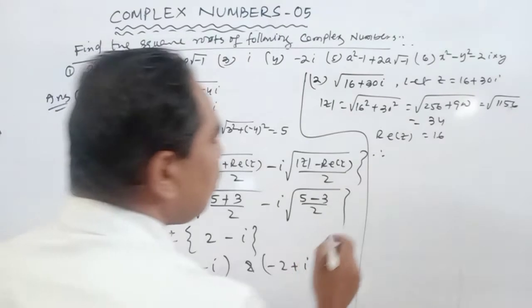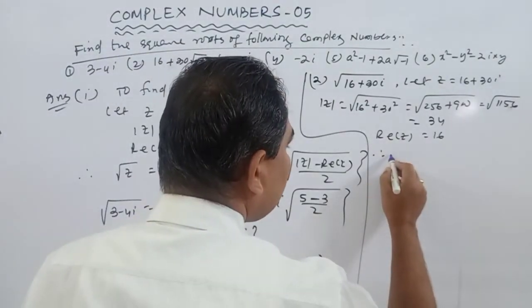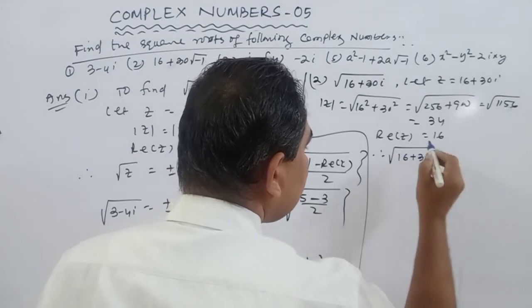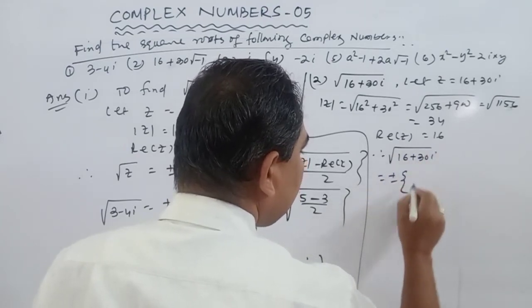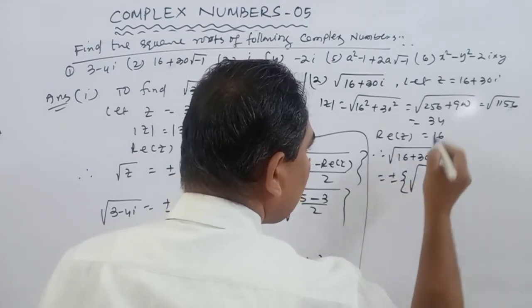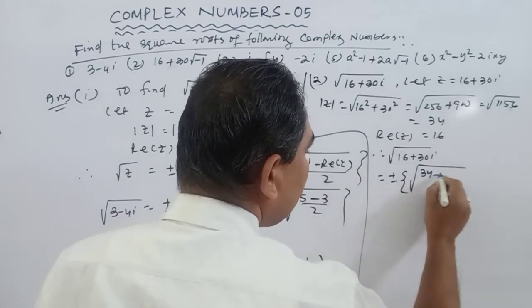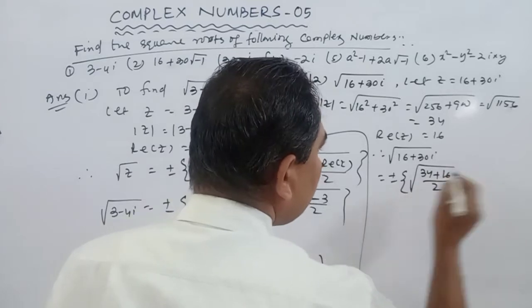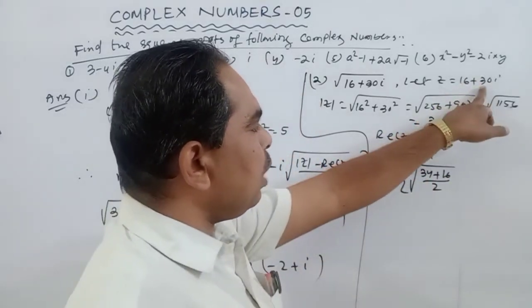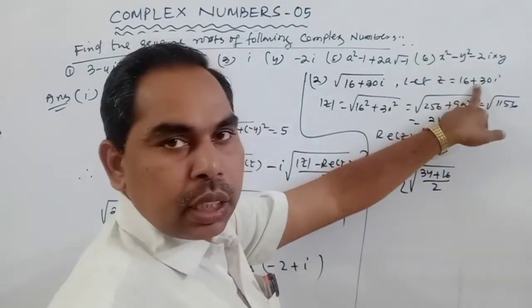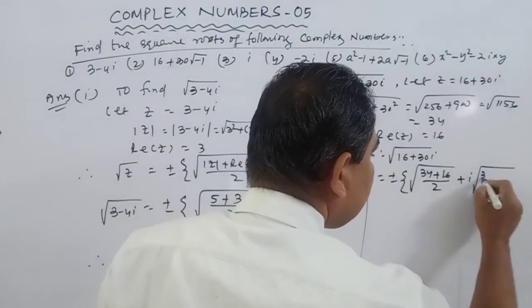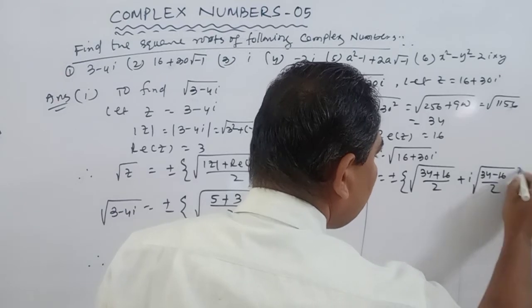So put in the formula. The square root of 16 plus 30i is equal to plus or minus, in curly brackets, the square root of (mod z, 34, plus real z, 16) by 2. Here the sign of the imaginary part is plus, so put a plus sign, plus i times the square root of (34 minus 16) by 2.